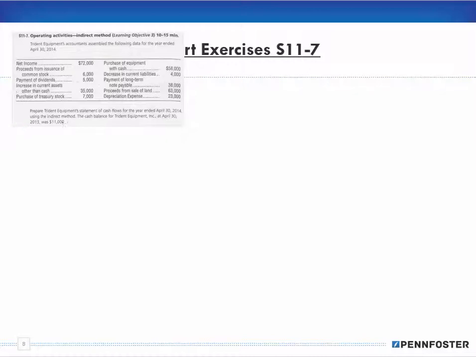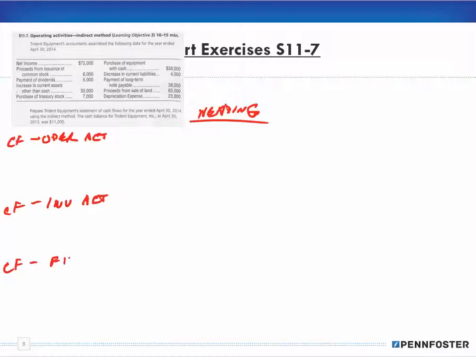So the first thing that we have to do when we're creating our statement of cash flows, aside from creating the heading, is we want to have our three different sections. So we have cash flows for our operating activities. We have cash flows for our investing activities, and we have our cash flows for our financing activities.